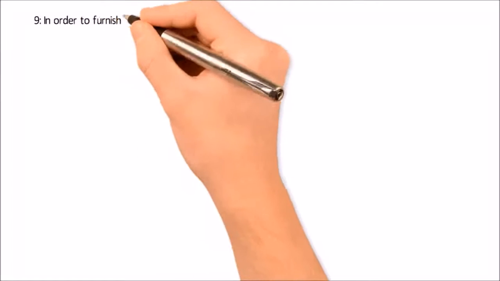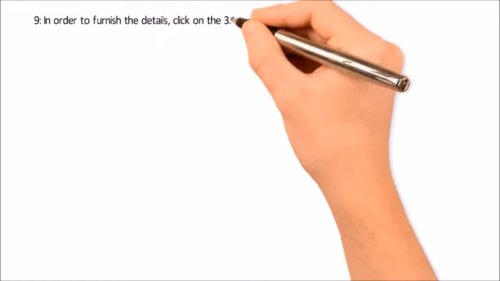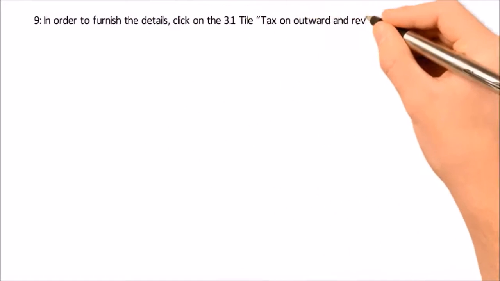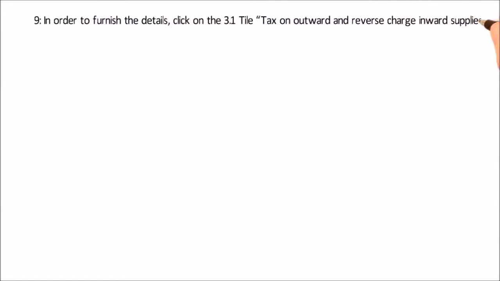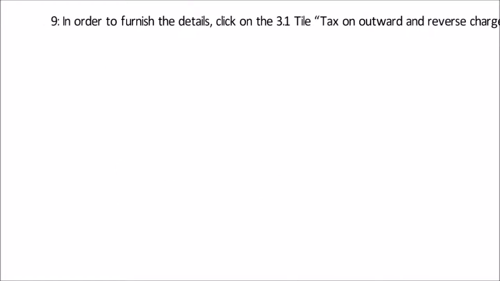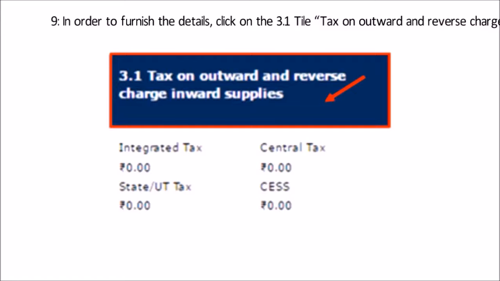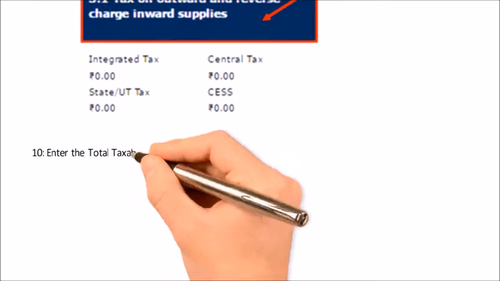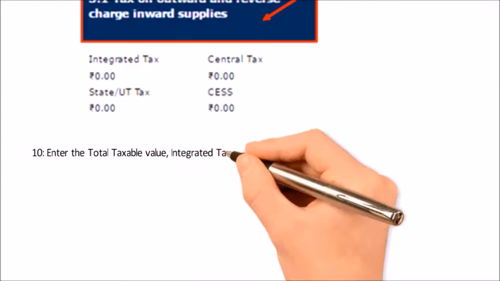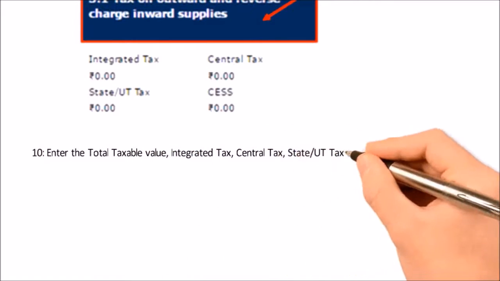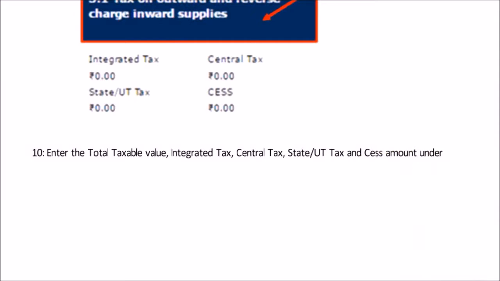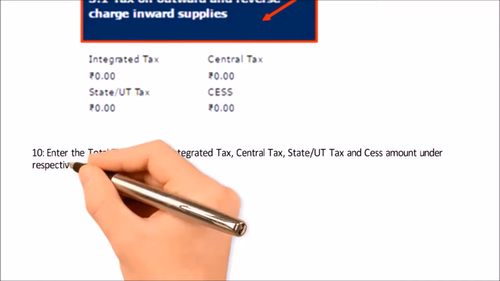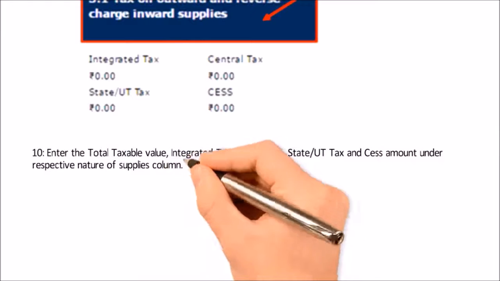9. In order to furnish the details, click on the 3.1 tile, Tax on Outward and Reverse Charge Inward Supplies. 10. Enter the total taxable value, integrated tax, central tax, state/UT tax and cess amount under the respective nature of supplies column.